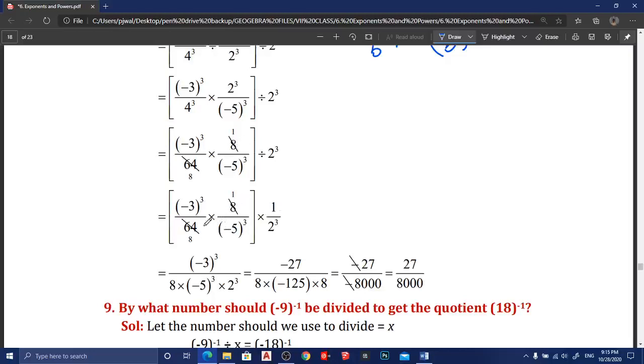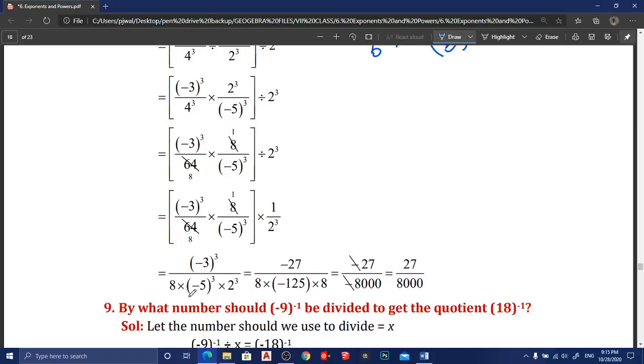Now it is minus 3 whole cube by 8 into minus 5 whole cube into 2 cube is there on the outer side. This into 2 cube we can write in this denominator only. Minus 3 cube means what here? Minus 27. You will get negative only, minus 27. 3 3s are 9, 9 3s are 27, this one.